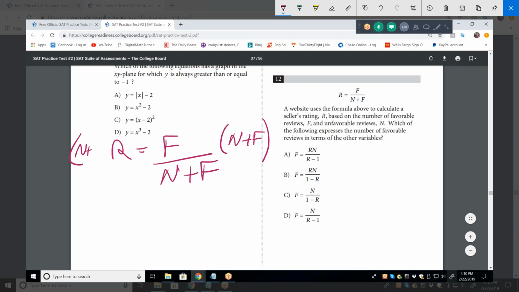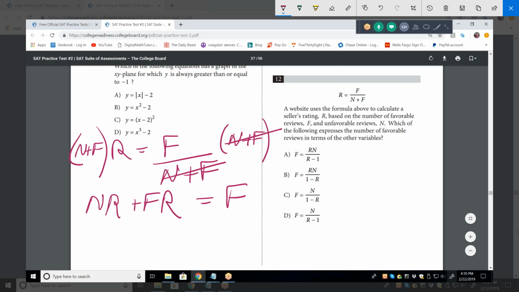You're not really multiplying by 1 over. Oh, okay, yeah. Because that's going to get rid of that, and that. In other words, when you're solving algebra equations, you want to get rid of denominators. Okay? And now, if you distribute the left side, you have nr plus fr, and on the right side, you have f. Now what?